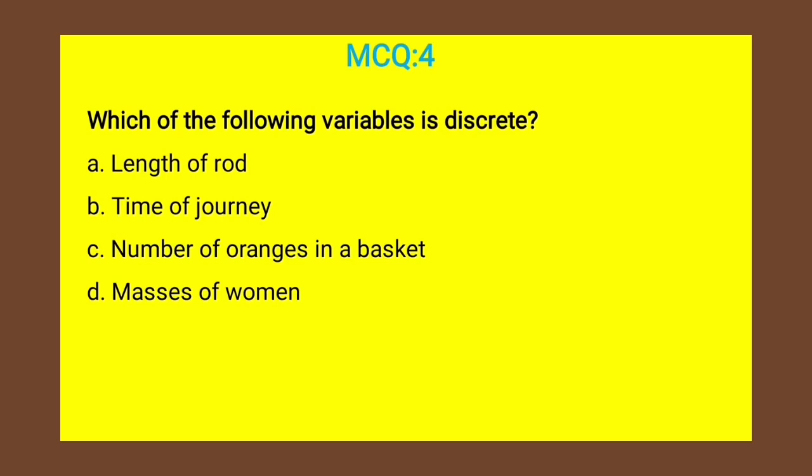Which of the following variables is discrete? Length of rod, time of journey, number of oranges in a basket, then masses of women. Which of them is going to be discrete? The number of oranges in the basket. For discrete data, you're talking about the value that is attached to the item in question.